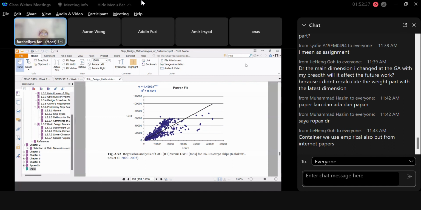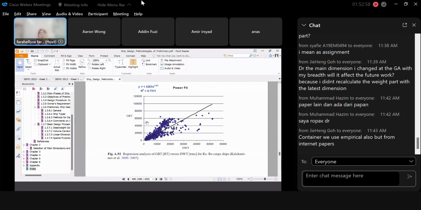Okay, journal articles. Like I said, you can use any reliable papers out there, or you can use books, so it depends. For example, this one for Roro, from Kalukairi Nos, is actually from a paper as well, but they put it in this book.